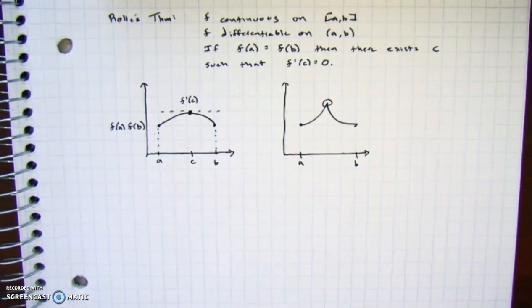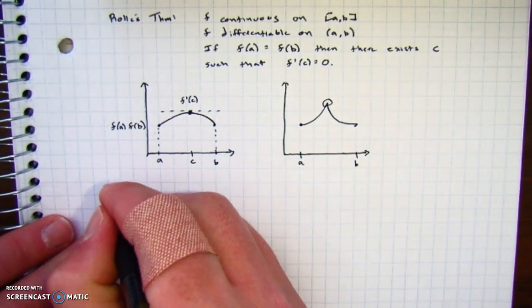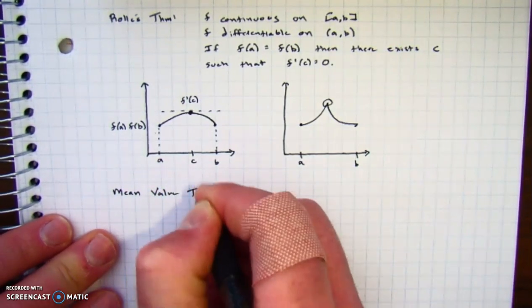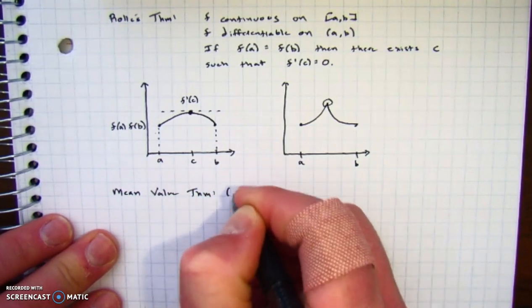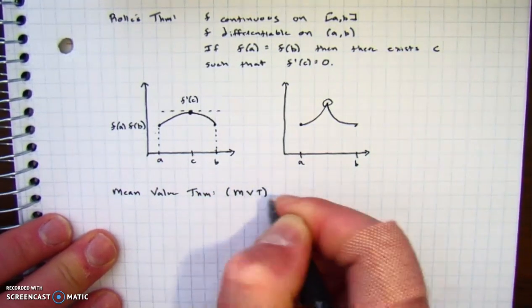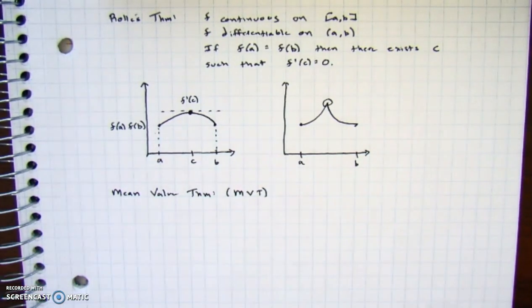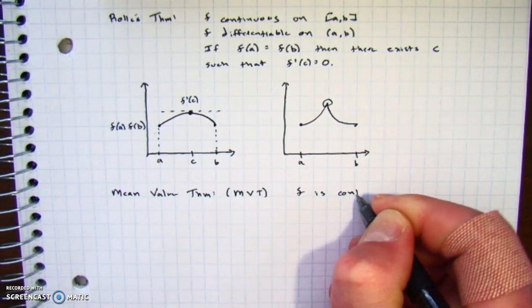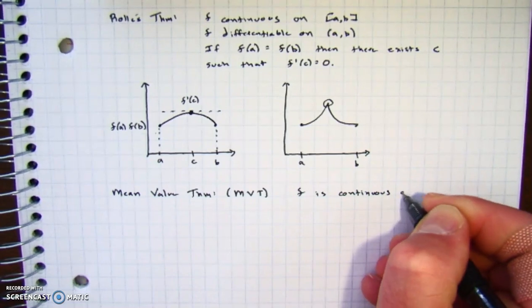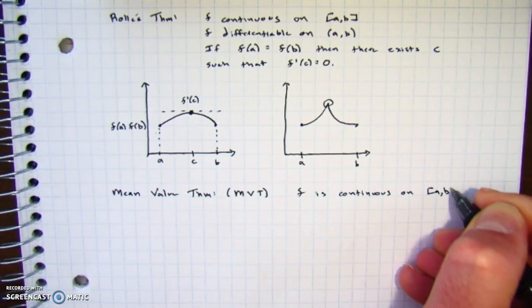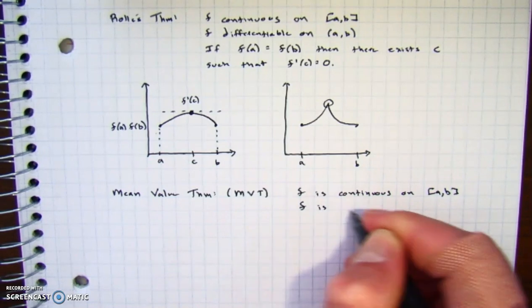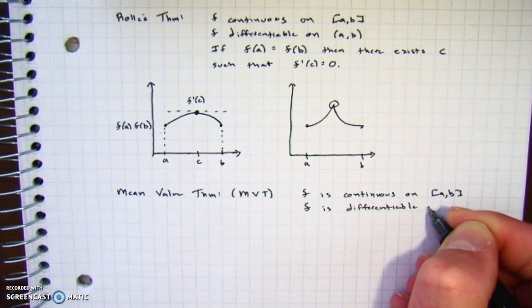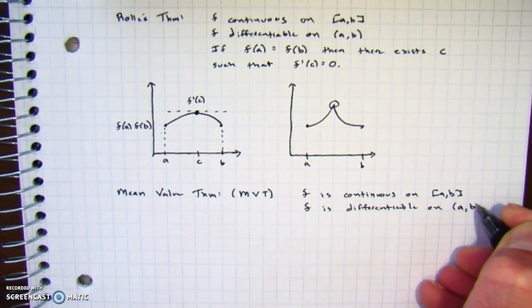Then let's use that and expand it a little bit to the mean value theorem. We'll abbreviate it MVT. We have the same two conditions: it's continuous on the closed interval [a, b], and it's differentiable on the open interval (a, b).